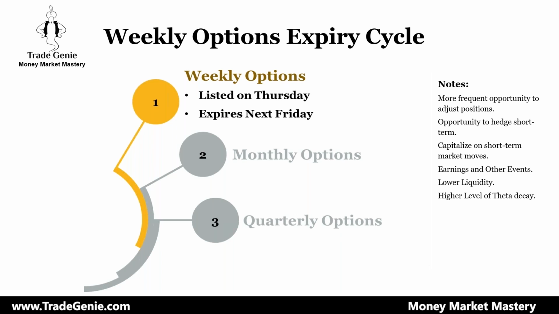Choose 5, 6, 7 of them and allocate a certain capital to this portfolio. Let's say you allocate $2,000, and on Thursday or Friday or Monday, you allocate the $2,000 equally to the weekly options of all these 6, 7 stocks.